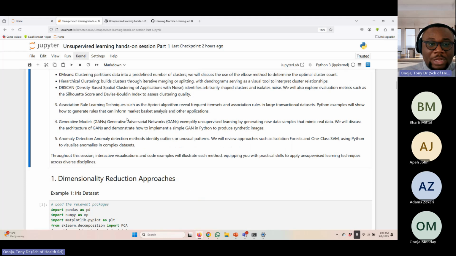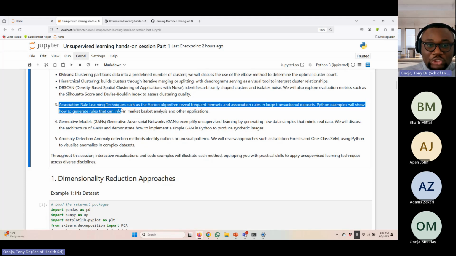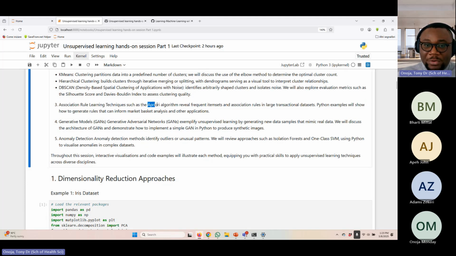Then we also talked, in brief, about association rules, where we said the Apriori algorithm is what we use to find the frequent items that associate. And then we're also interested in correlation in the data set. Then we said the generative models or GANs use the neural networks approach to help us find these compressions that happen in the data set.